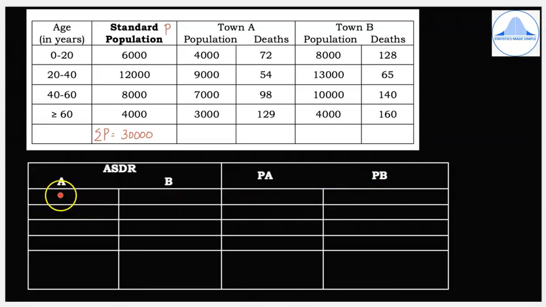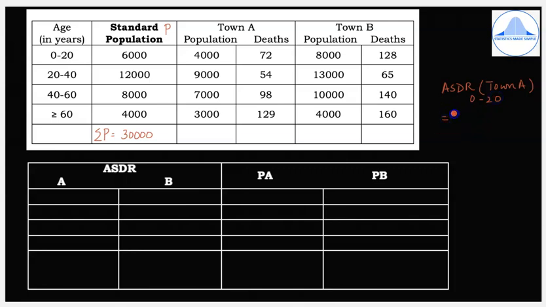So how do we find out ASDR? It is the deaths divided by the population in a specific age group into 1000. As an example, I am calculating ASDR for town A for the age group 0 to 20.